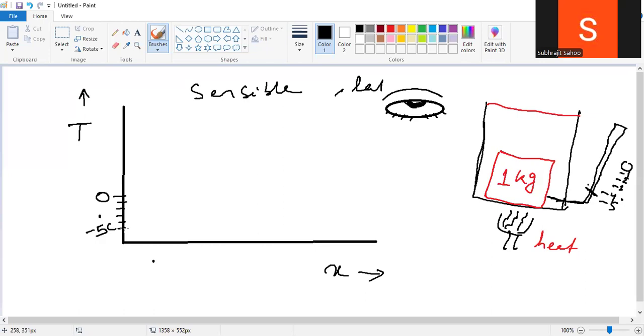If I draw the graph up to 0, it will go like this, a straight line.